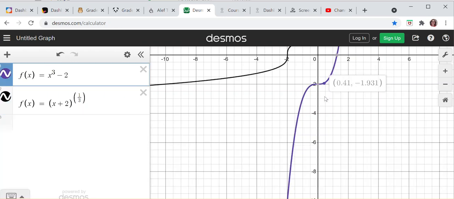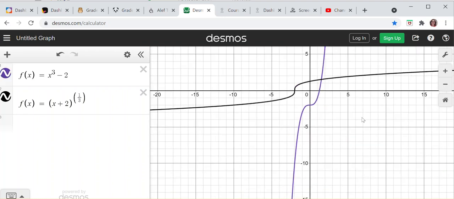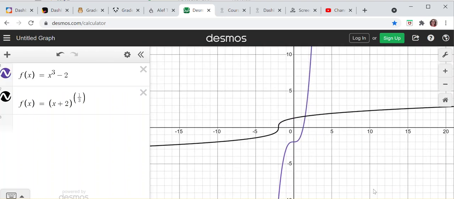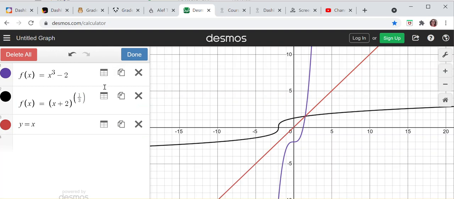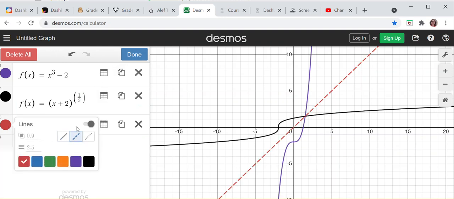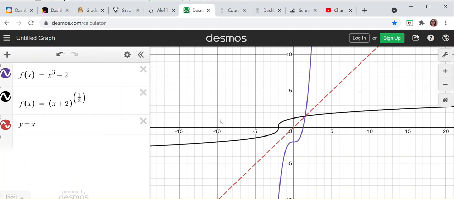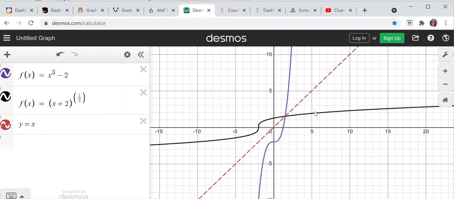Looking at our graph, if we have our line of reflection, so we change this to a dashed line, we can see that our functions are inverse functions.